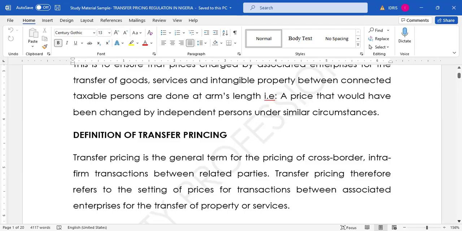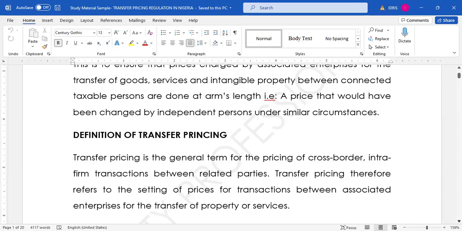So the OECD, the Organization for Economic Cooperation and Development, made some action plans on how to tackle any form of tax avoidance or tax evasion arising from transfer pricing. They now recommend that every country needs to regulate transfer pricing.